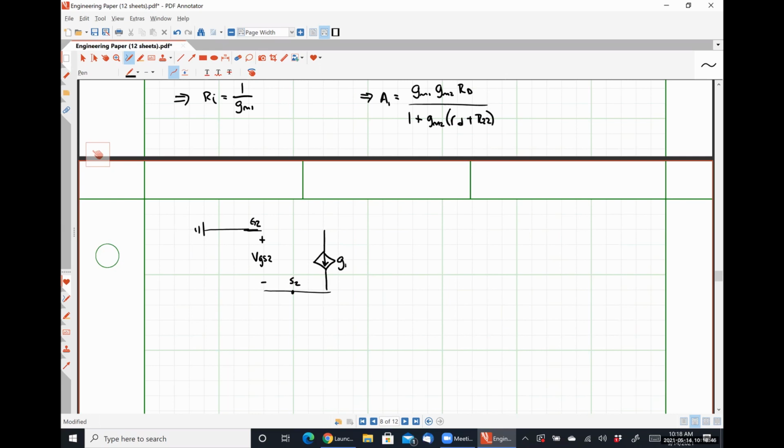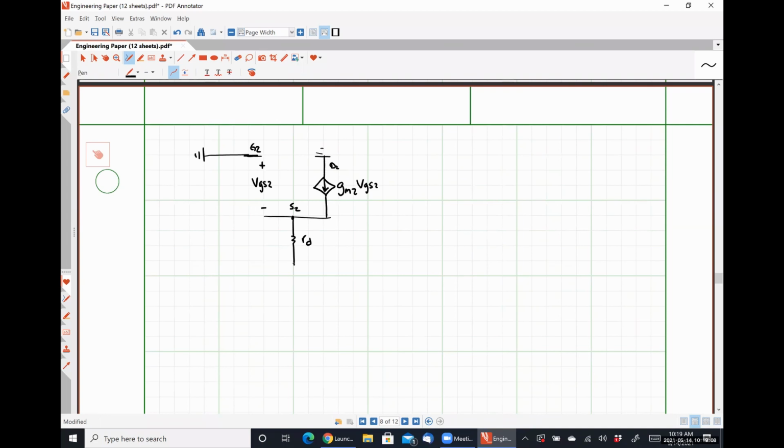So this is going to be GM2 VGS2. My drain is connected to AC ground. So this is D2. Then I have my diode resistance RD.